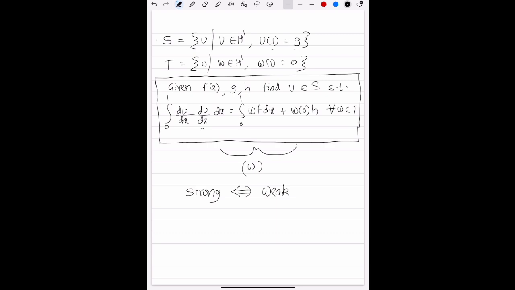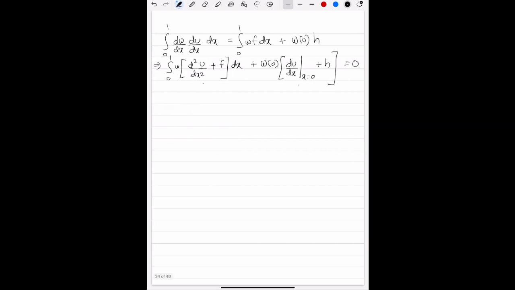So we already know that u of 1 is equal to g. So all that we need to show is that the Neumann boundary condition is true and the differential equation is true. So if you notice, the first term over here is the Poisson's differential equation, whereas the second term over here is the Neumann boundary condition. So to show that the strong form is true, we need to show that both these terms over here are equal to 0.